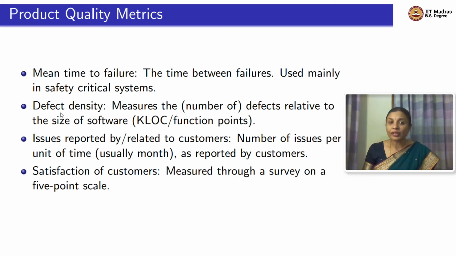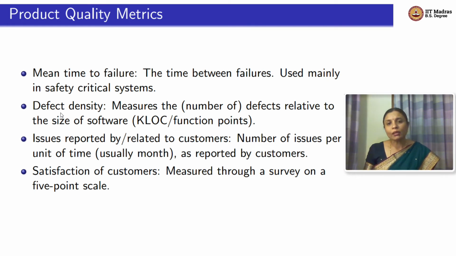The next is defect density. It talks about, given a unit of code, let's say 1,000 lines of code, how many defects are found on average for every 1,000 lines of code, or how many defects can be found for every certain number of function points in the code.